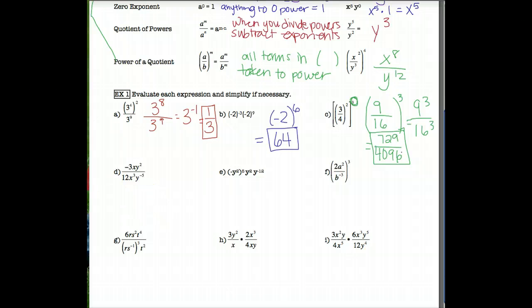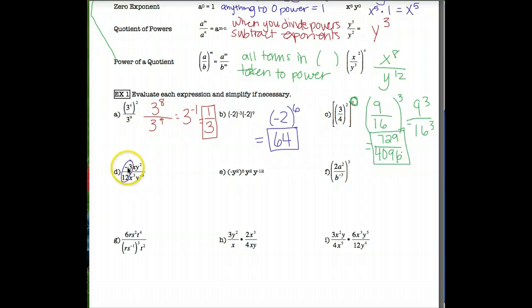All right, next, this one gets a little tougher because we've got a lot going on, and we have to separate things that do not have the same base, and we kind of work them as three separate parts. So here we've got our first part is just the plain old numbers, then we've got x's, and then we've got y's. So I'm just going to look at the plain numbers first.